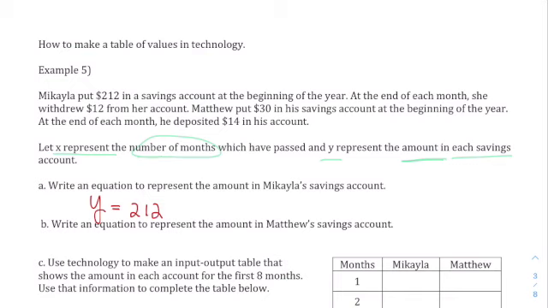So that's going to be minus, because withdraw means taking money away, $12 from her account per month. So X is the month. So she starts at $212 and she starts taking off $12 per month. And X represents month and Y is representing how much is left.